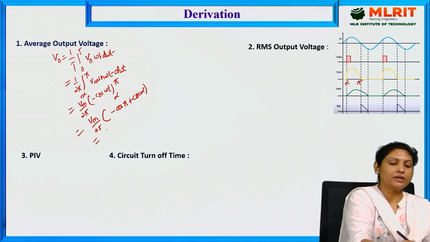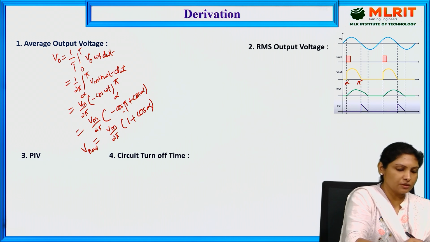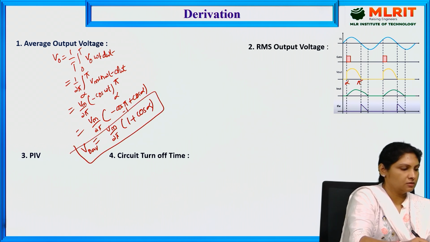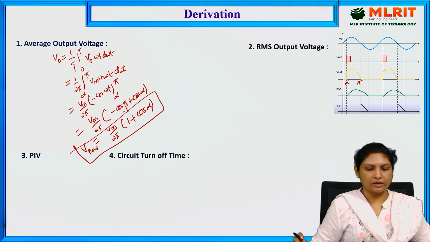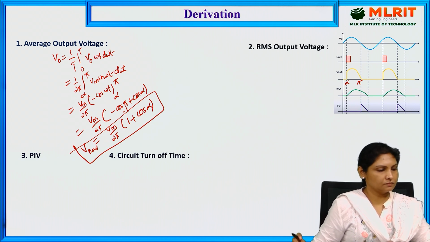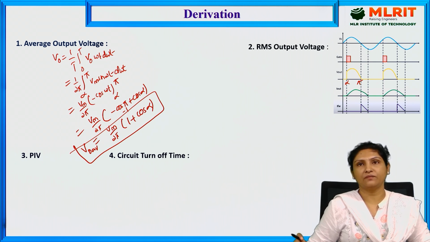Since cos pi is minus 1, we get Vm by 2 pi times 1 plus cos alpha. This is the average output voltage expression for a single phase half wave rectifier with RL load with freewheeling diode.